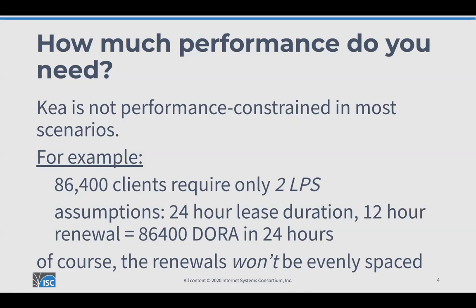Kea has performed much better than that, and we'll talk about that in the coming minutes. But generally speaking, in most scenarios, we don't need very performant DHCP. So let's talk about when we do.